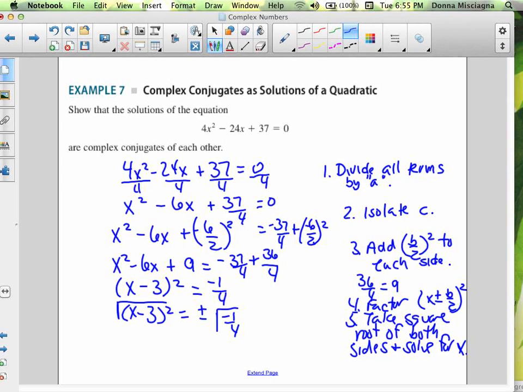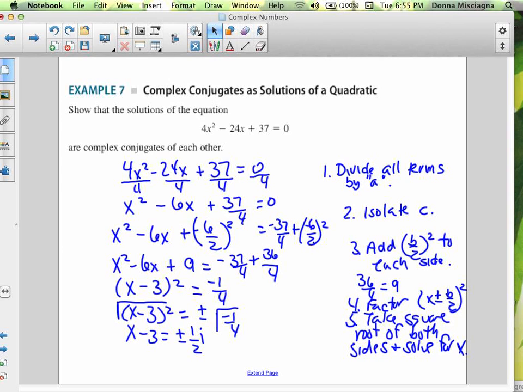Square and square root cancel, so this is going to be x minus 3 equals, and that is a perfect square, the square root of negative 1/4 is going to be 1/2 i. You can put the i next to the 1/2, or you can make that i divided by 2, same thing.